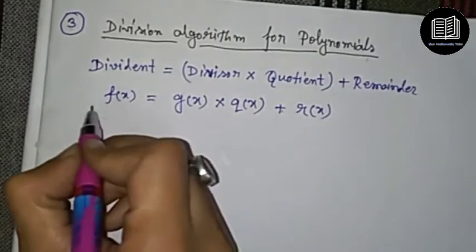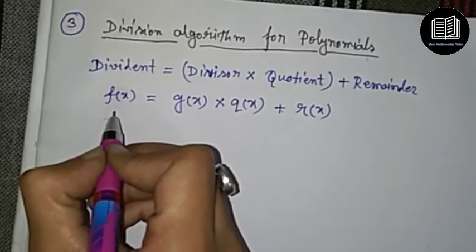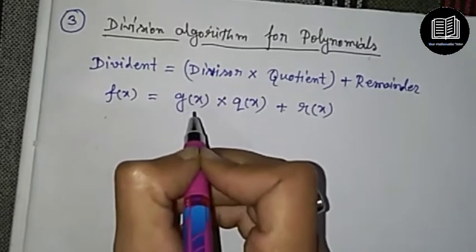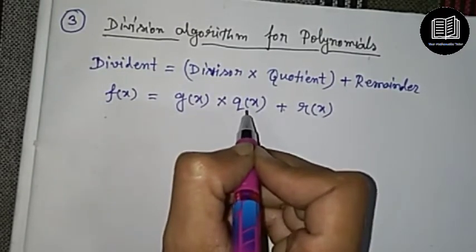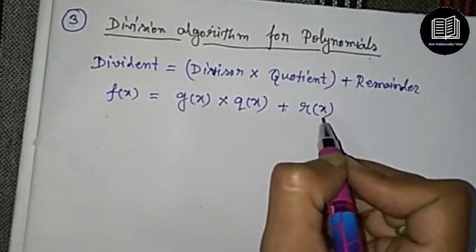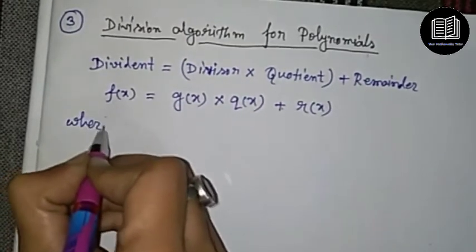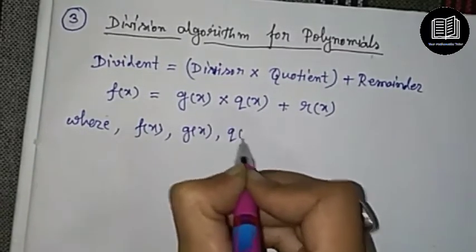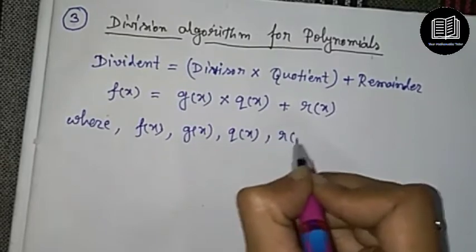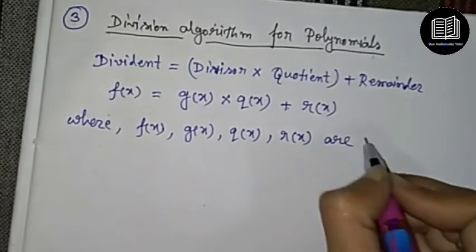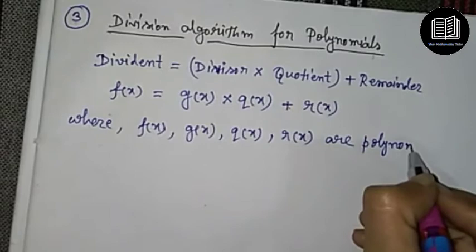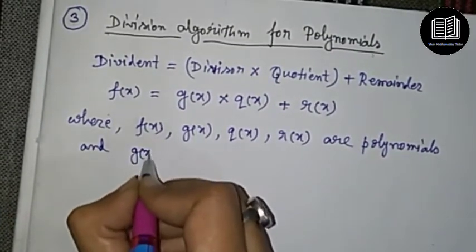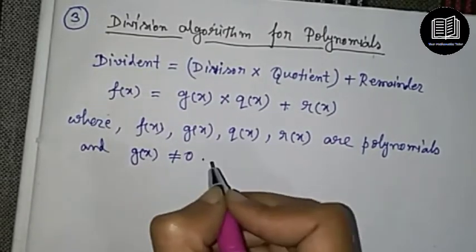Okay, if there is a polynomial f(x) and we divide this polynomial by another polynomial g(x), then we will get a quotient q(x) and a remainder r(x), where f(x), g(x), q(x) and r(x) all are polynomials, and g(x) must not be 0.